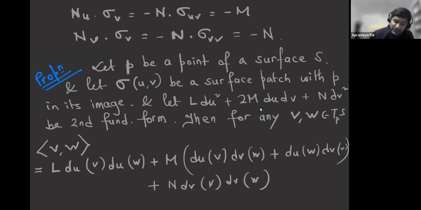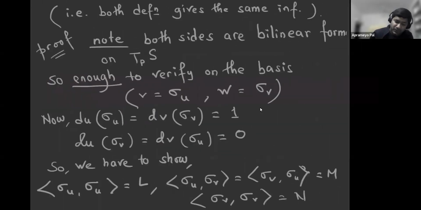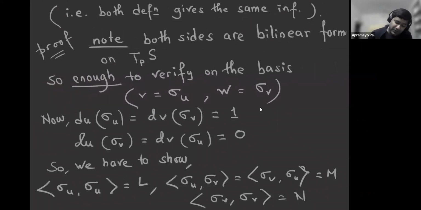So you get L, and if you put sigma U, sigma V, you get only M, and so on. That's enough, since that's a basis, so you get the linear combination and you are done. So essentially now we will only see why this is true, and the rest are similar.